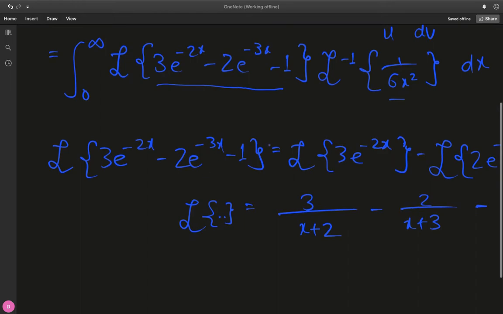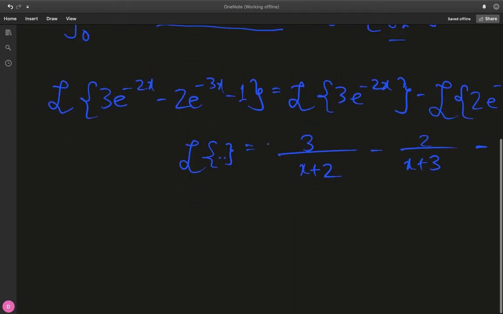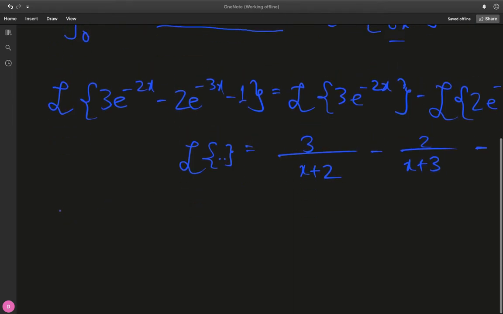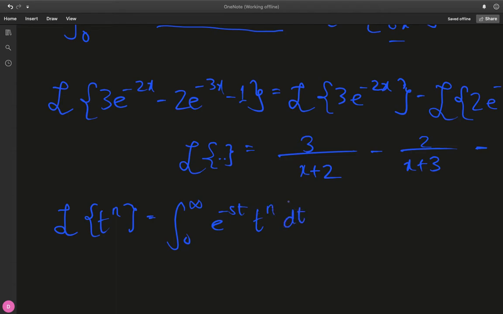Now it's actually time to find the Laplace transform of this. For this I urge you to look at the Laplace transform of, say, t to the n. You have the integral from 0 to infinity of e raised to minus st times t to the n dt.